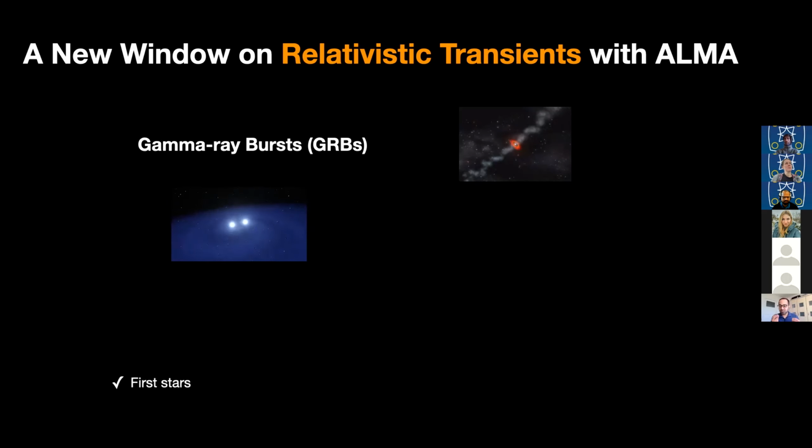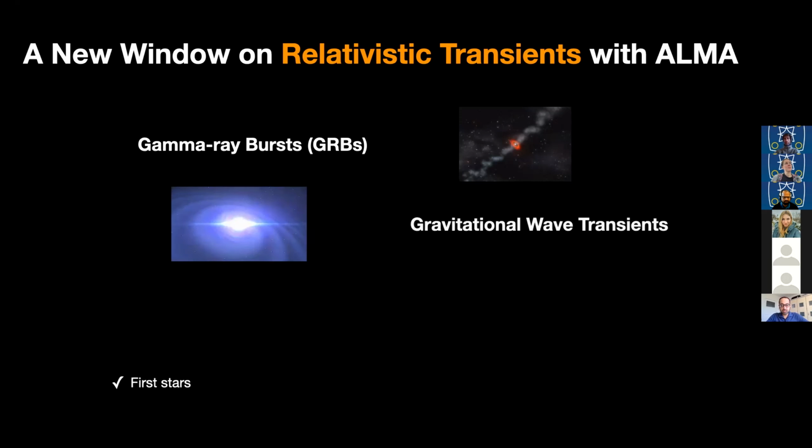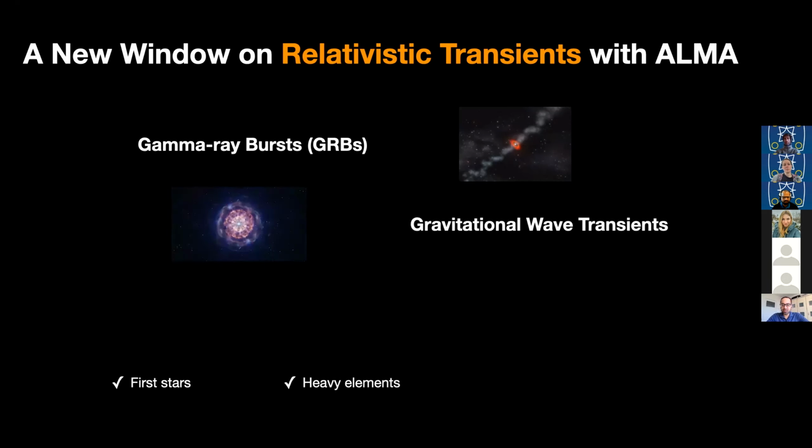The binary has to survive the 2 supernovae. Then, as the system loses energy and angular momentum to gravitational wave radiation, the compact objects spiral into each other, and after millions or billions of years, they collide and merge, producing a gravitational wave transient along with a gamma ray burst. We think that the debris from such mergers may be responsible for the production of a large fraction of heavy elements like gold and uranium in the universe.